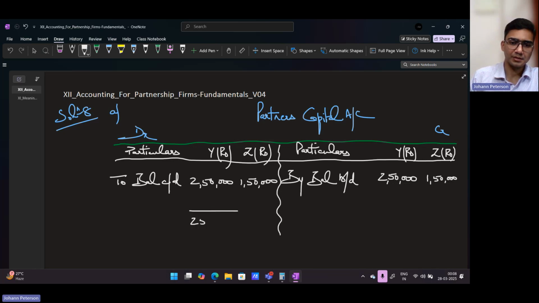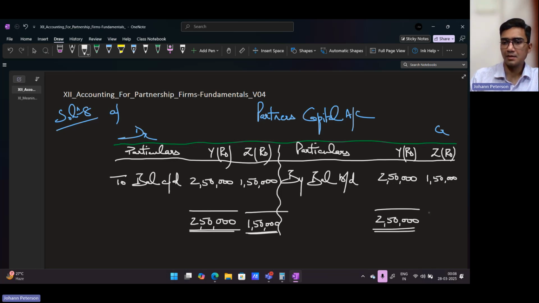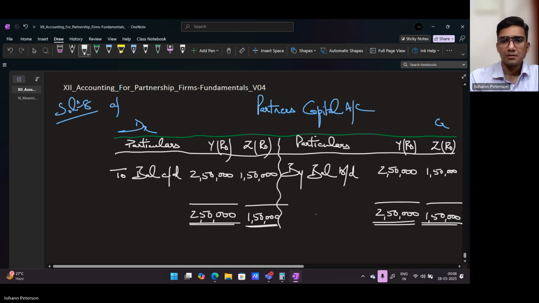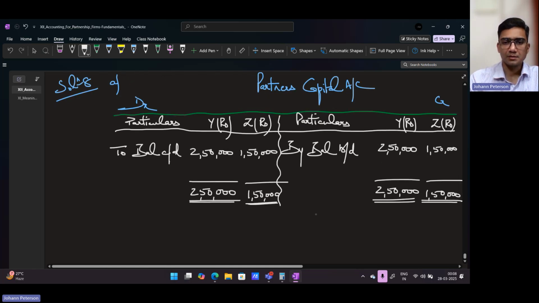So you get 250 here and 150 here. Similarly, 250 and 150. Okay, so this is the first account which we make in this method.